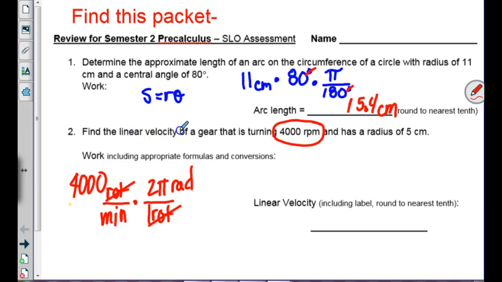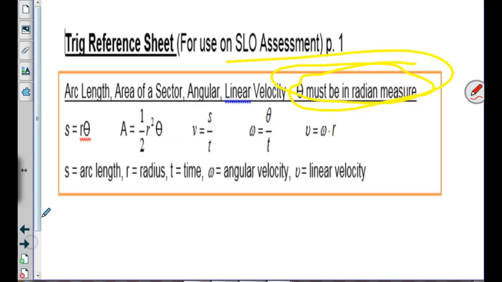We're trying to find a linear velocity. If you go to the formulas, linear velocity is the V. So we have arc length divided by time, or over here we have angular velocity times radius.